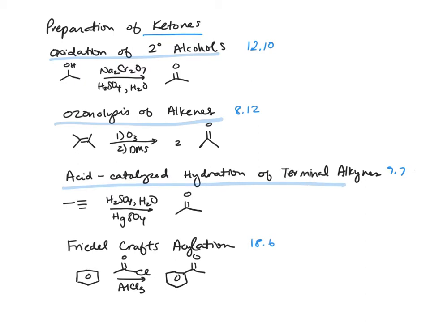And here we're using sulfuric acid with mercury sulfate to get to that more substituted enol, which tautomerizes to become the ketone. And lastly, we just learned that the Friedel-Crafts acylation reaction is another route to produce ketones. Here I've got an example with benzene and installing a methyl ketone.